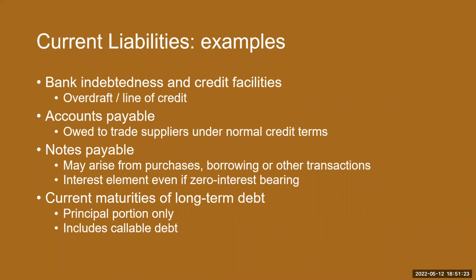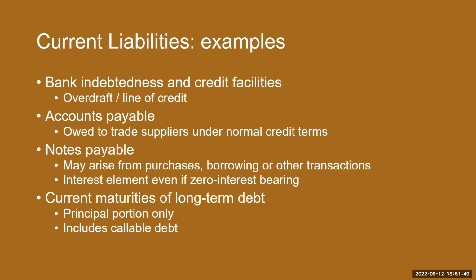Now, what distinguishes accounts payable from notes payable is that notes payable, number one, tend to be written promises, right? And secondly, notes payable have some kind of interest attached to them. Accounts payable, on the other hand, do not have an element of interest attached.